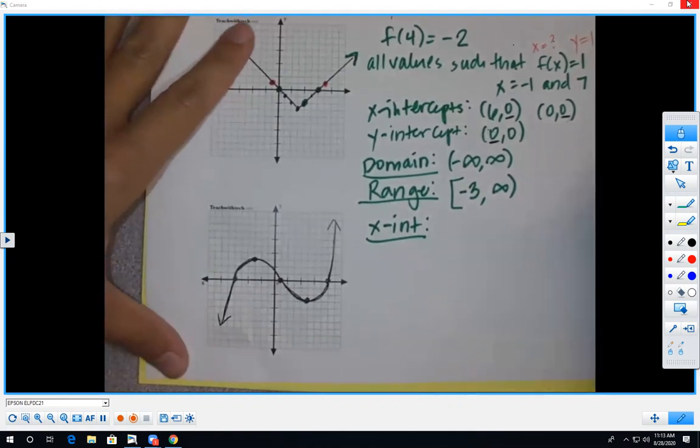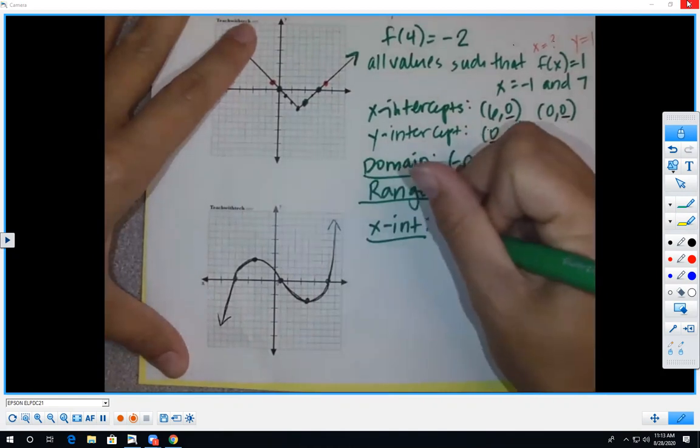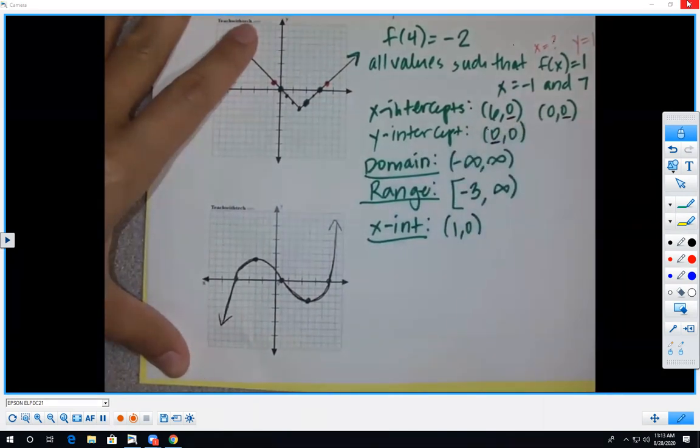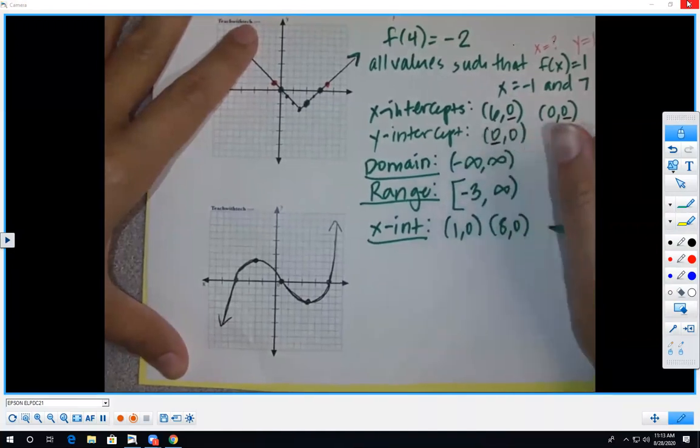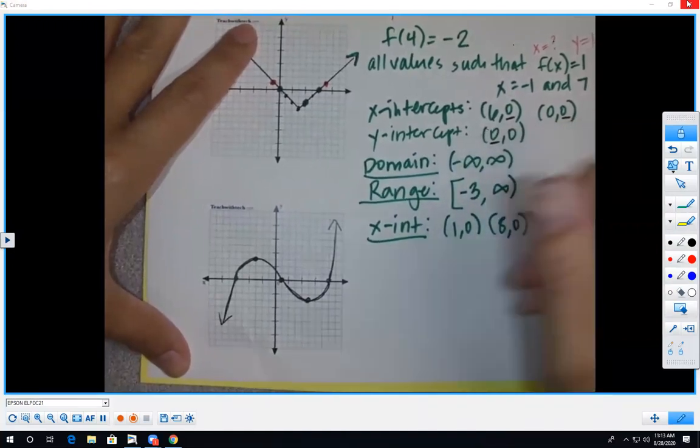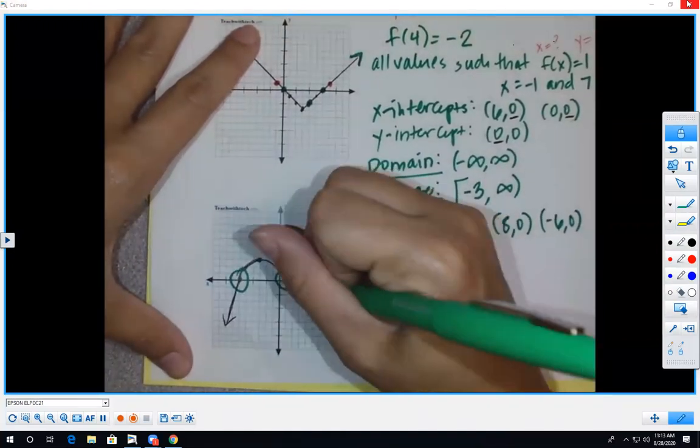Okay, so what are the x-intercepts here? 1, 0, 8, 0, and -6, 0. I have 3 different x-intercepts here.